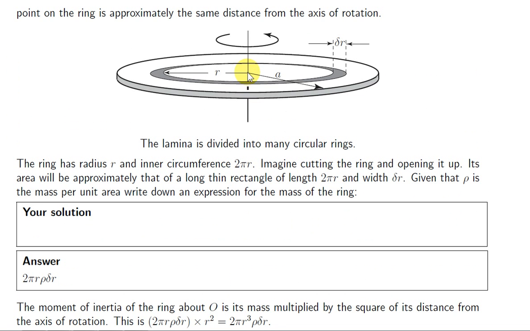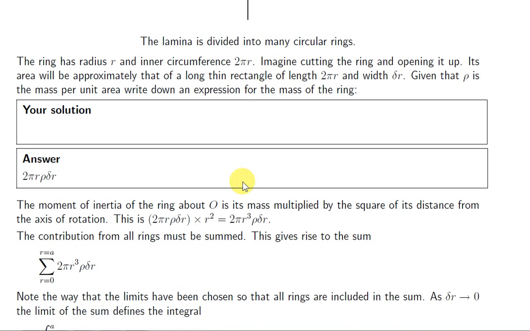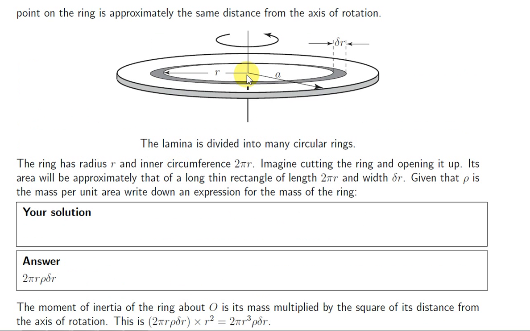And we must sum all the moments of inertia if we want the moment of inertia of the entire disk. So we sum from r equals 0 to r equals a. So the innermost ring is just a little dot at the origin, and we sum all the elements for all the rings until we get to the outermost ring, which is at the edge of the disk.